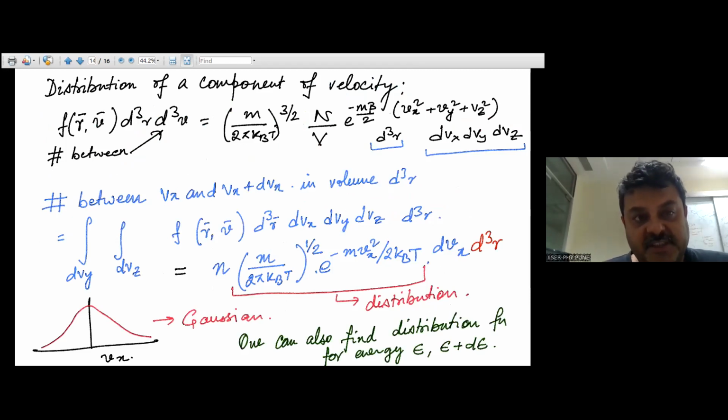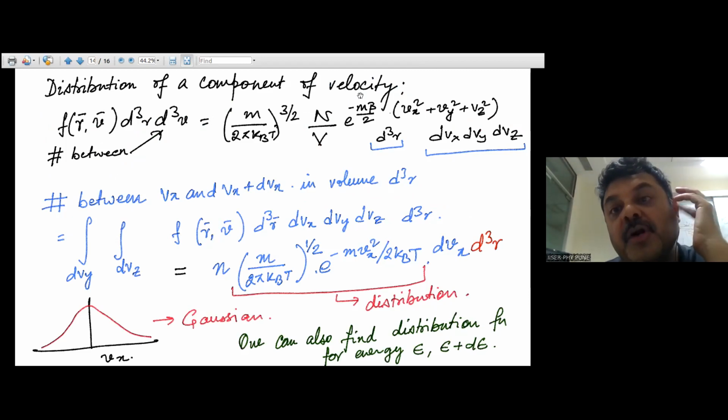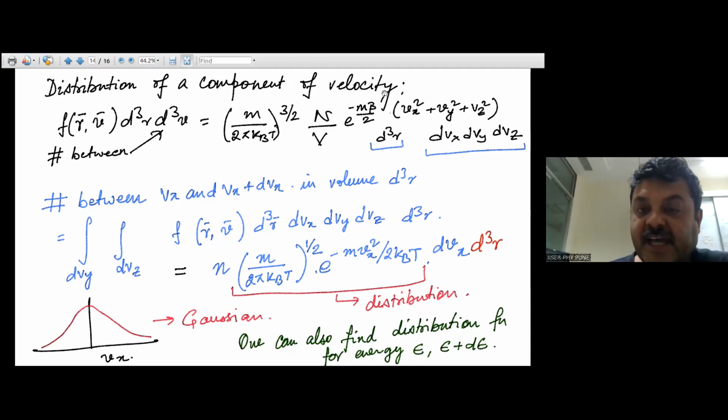The last point in this discussion is the distribution of a component of the velocity. So that was speed. Now we are discussing velocity distribution, or more accurately, the distribution of a component of the velocity. We start again from the number of particles at position r with velocity v, in d3r and d3v.